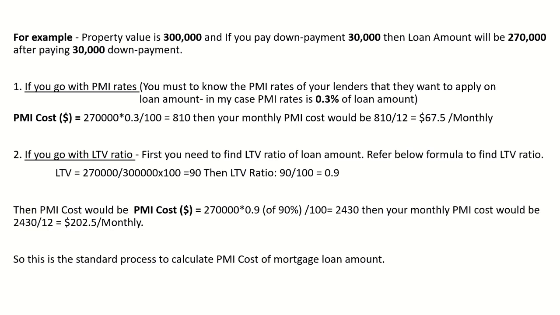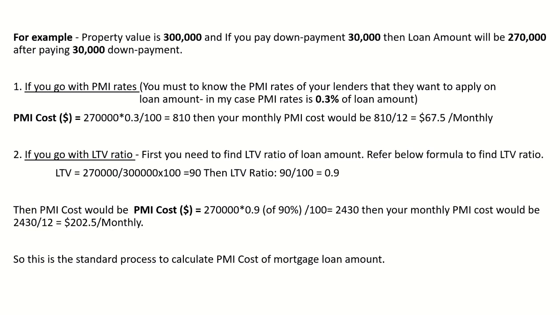Similarly, if you go with the LTV ratio, first you need to find the LTV ratio of the loan amount. To find the LTV ratio, just refer to the below formula.